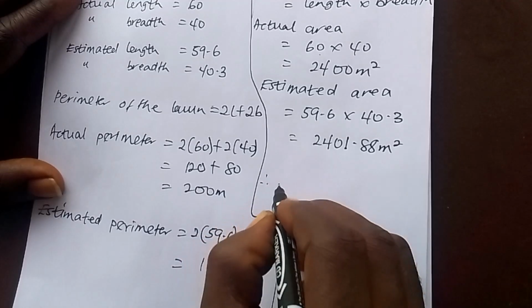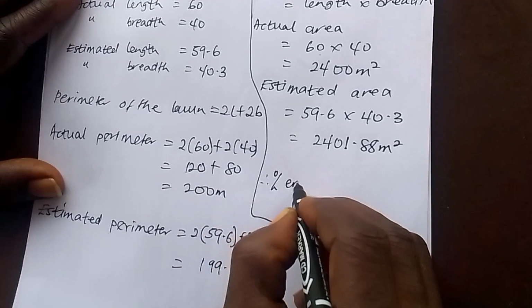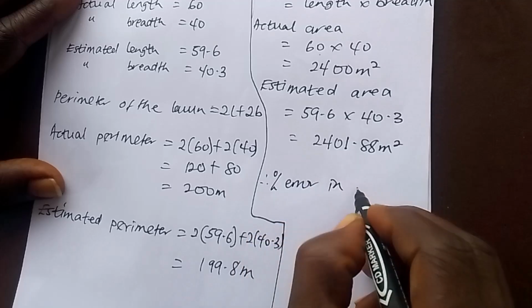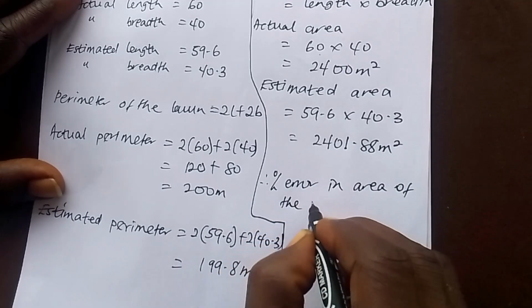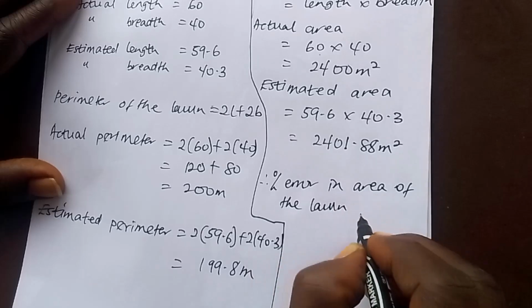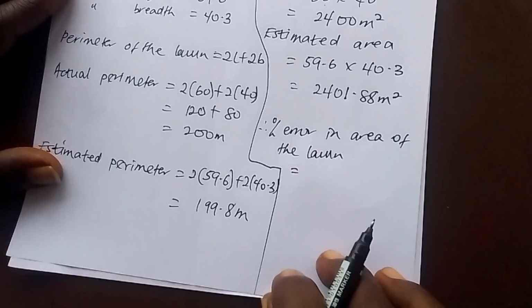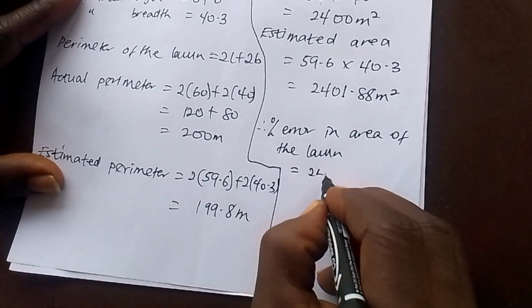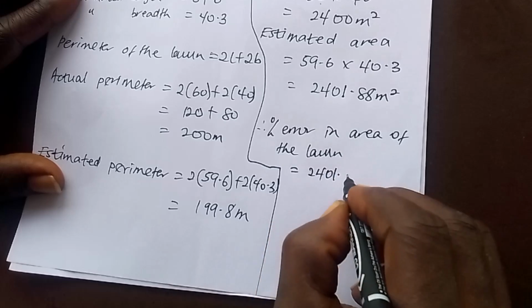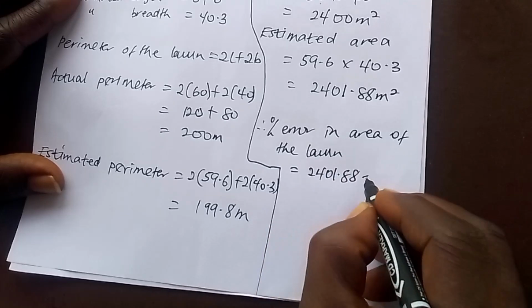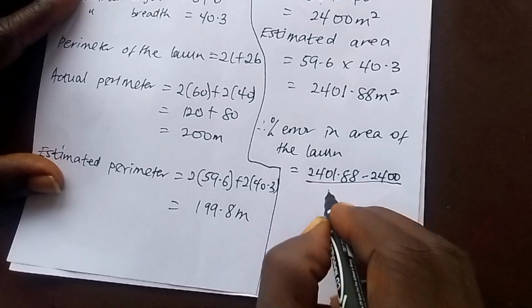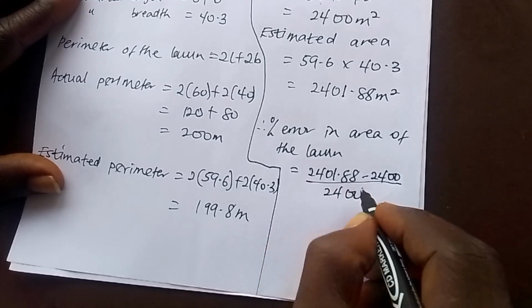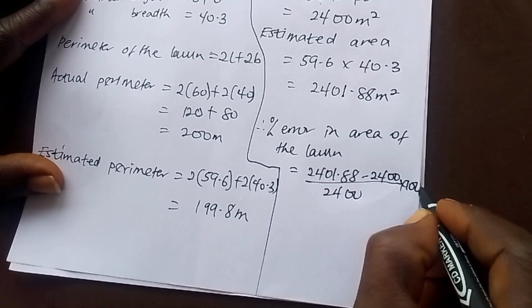Therefore, our percentage error in the area of the lawn will be equal to the bigger, which is 2401.88, minus the smaller of 2400, all over the actual, which is 2400, times 100.